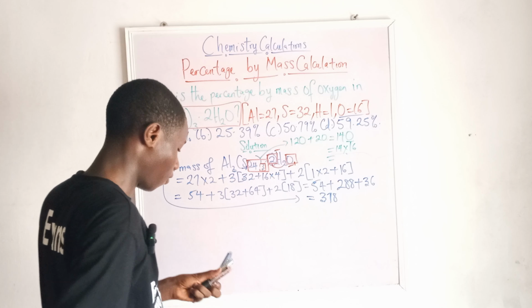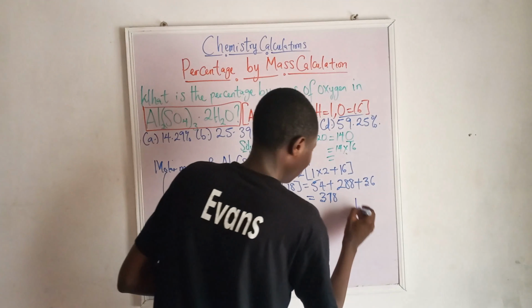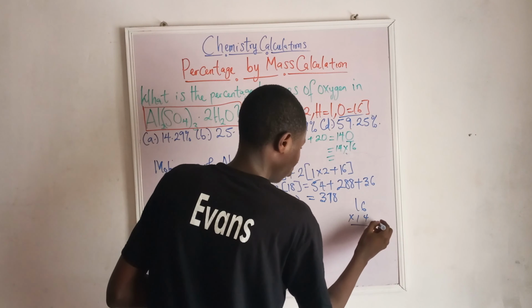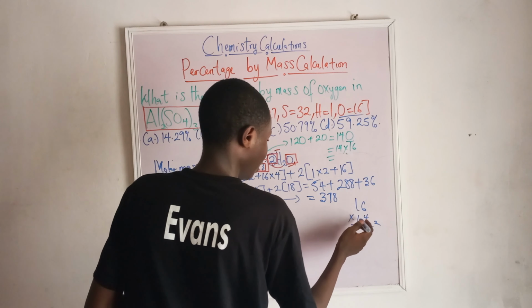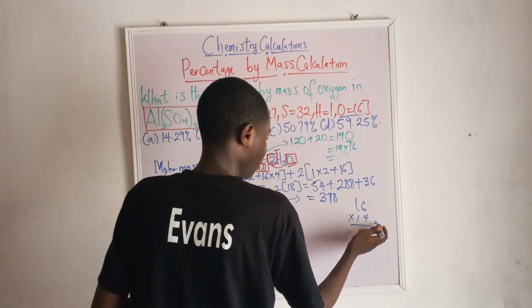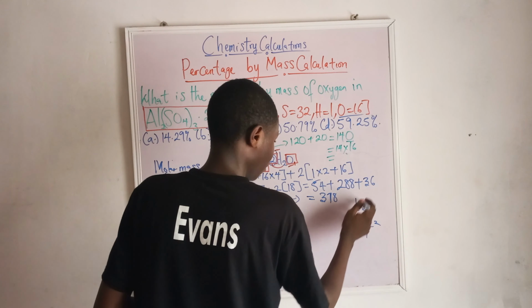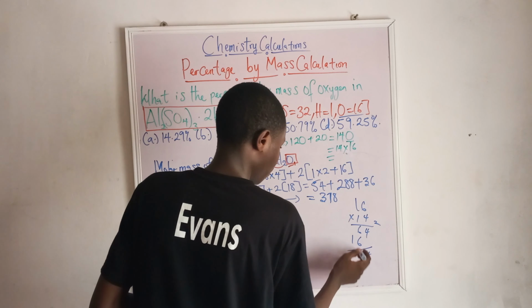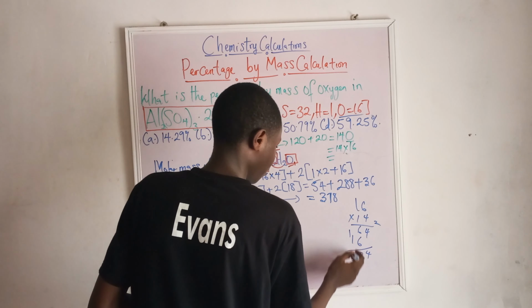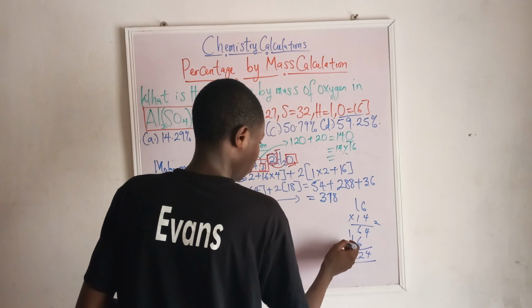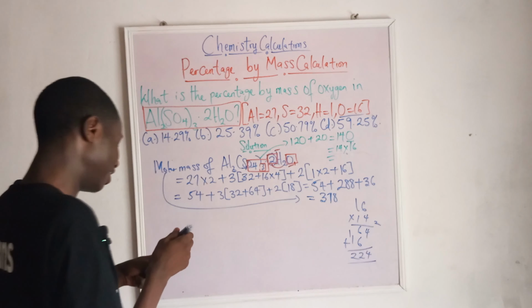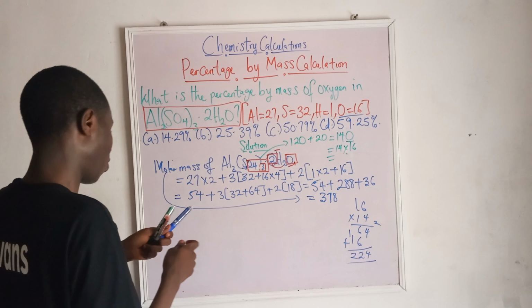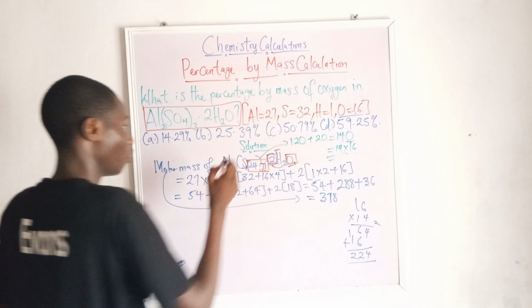So 16 times 14, you can use your primary school method. So this one is addition. So now you have been able to get the molar mass of oxygen.